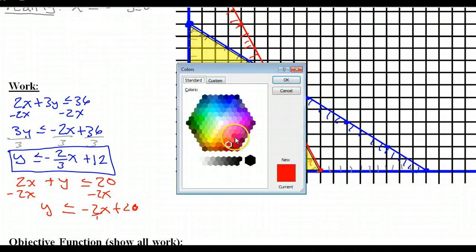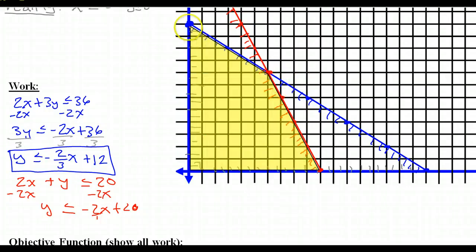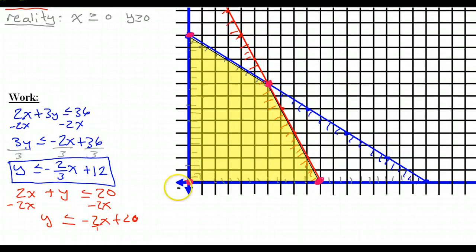We need the vertices. Okay, and the vertices are here, here, here, and here. All right, 4 vertices. So the vertices are 0, 0.